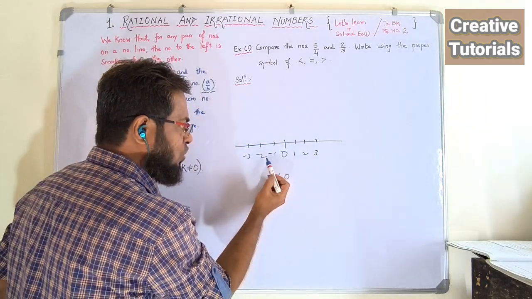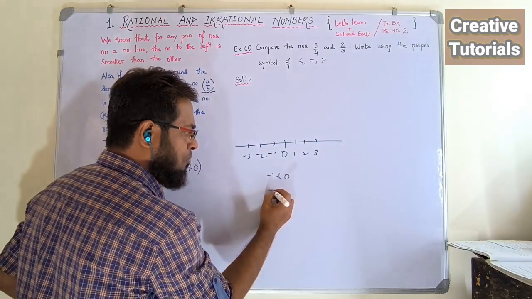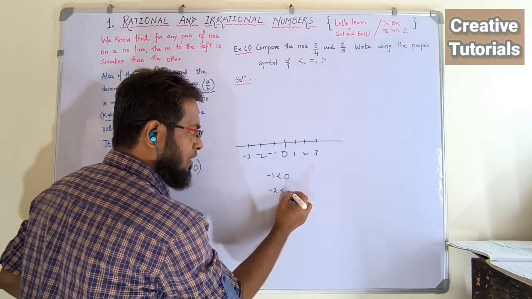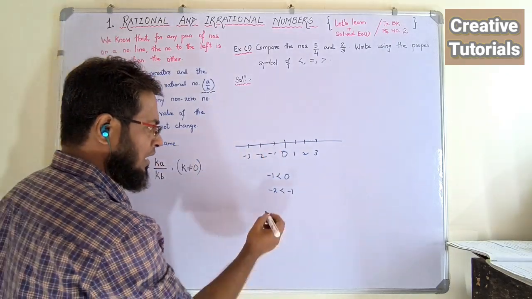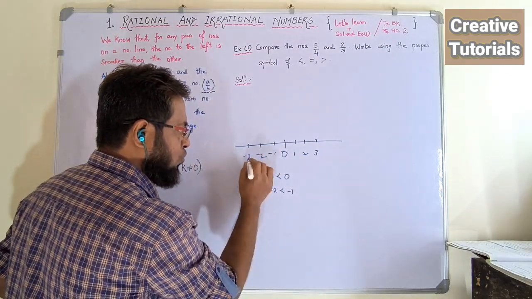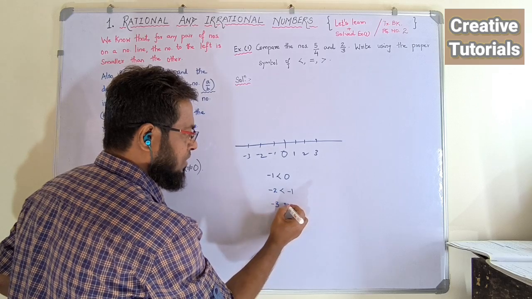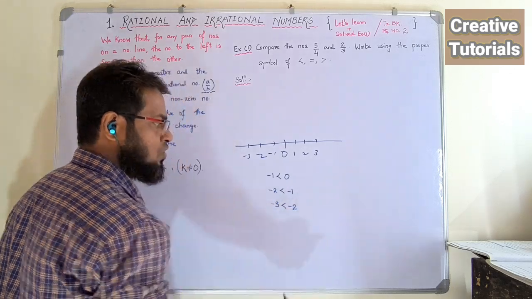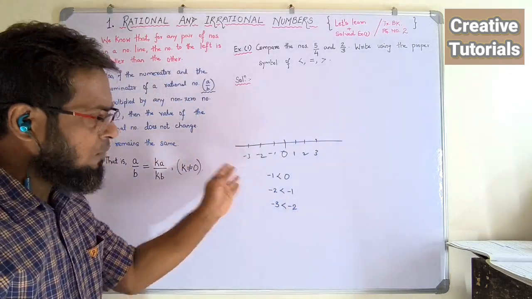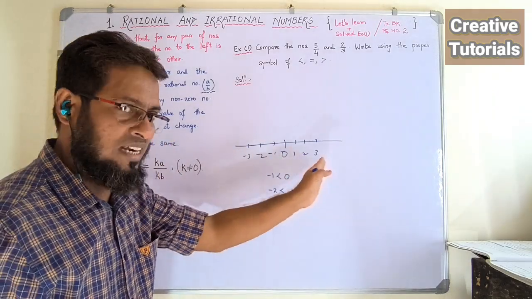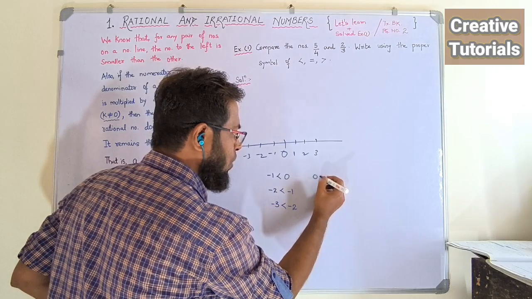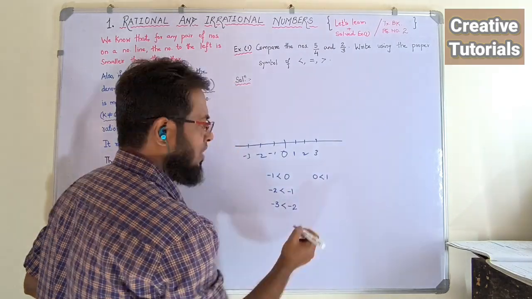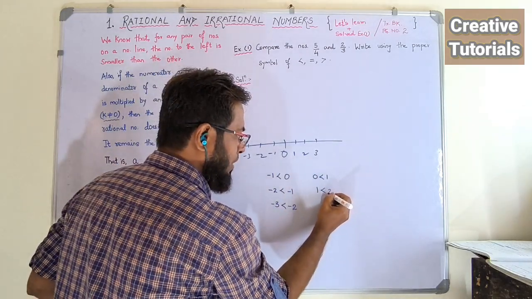Similarly, if I compare these two numbers, -2 is smaller than -1 because you are going away from 0. Okay, then if I take these two numbers, so -3 is smaller than -2. Okay, and this will keep on going. Similarly, what we had seen on this side some time back was what? 0 was smaller than 1. 1 was smaller than 2.